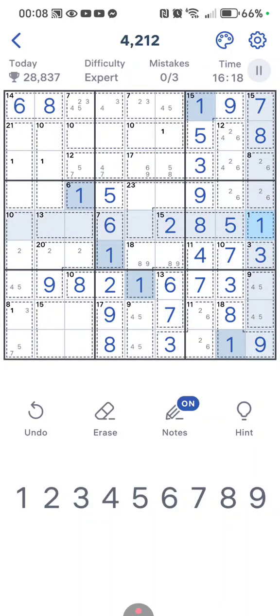But 1's up there, so it can't be 1 or 5. So if it's 4, it could be 2 and 4, but it can't be that, so that has to be 5.